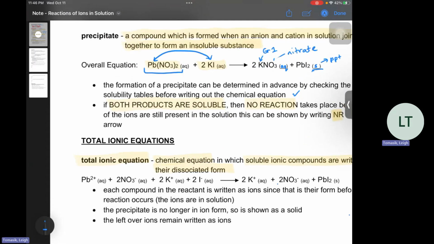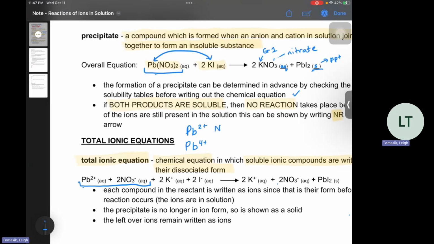So we look at this, okay? And we break it down into its ions, right? So you can see from the chemical formula in the overall equation, we have one Pb ion, okay? And of course, Pb, is it going to be 2 plus or is it going to be 4 plus?